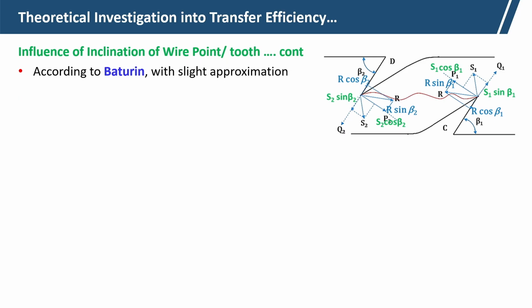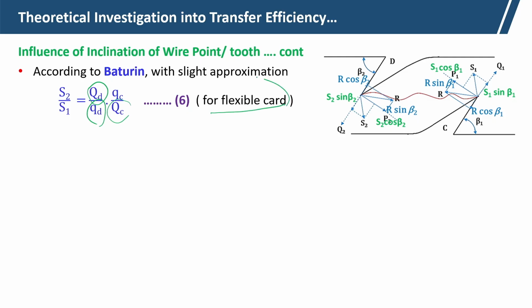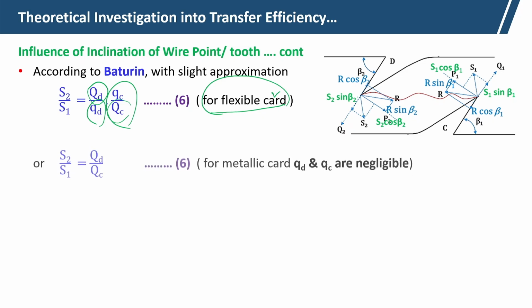So, with a slight approximation we can assume S2 by S1 equal to QD by, that means load on the doffer by entrapment power of the doffer. The entrapment power term comes when we use the flexible clothing, divided by the ratio of the load and entrapment power of the cylinder.